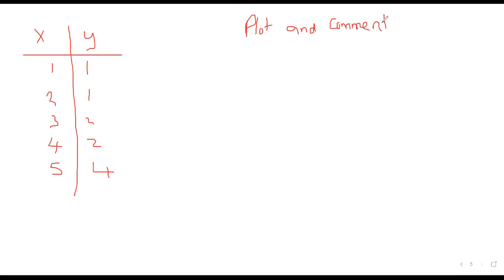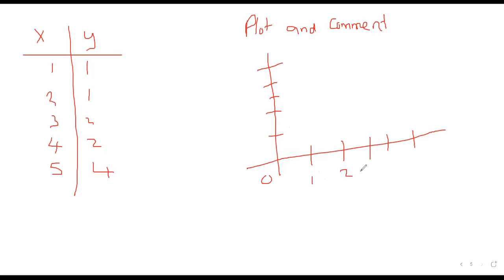Okay. So this one, most of you know how to plot. Here I have 0, 1, 2, 3, 4, 5 on each axis. So we have 1, 1. So put our 1, 1 here. 2, 1 here. 3, 2, put it there.